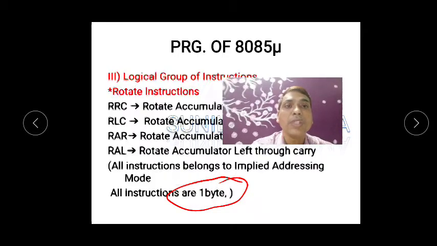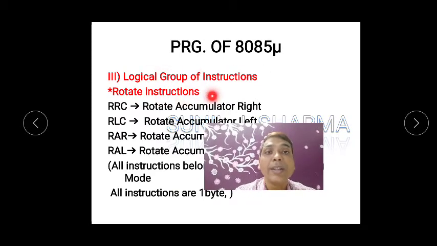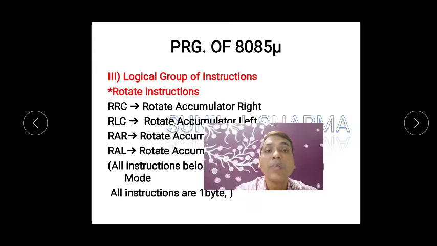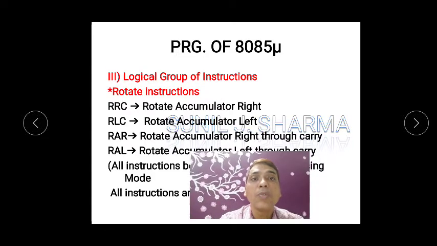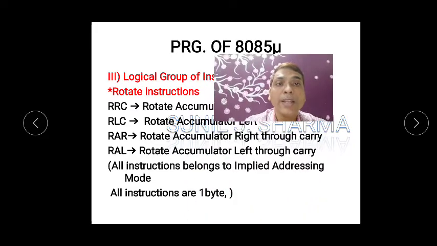Now the last instructions of this logical group are the rotate instructions. These are very, very important instructions. There are 4 rotate instructions: RRC, RLC, RAR, RAL. RRC stands for rotate accumulator right, RLC rotate accumulator left, RAR rotate accumulator right through carry.